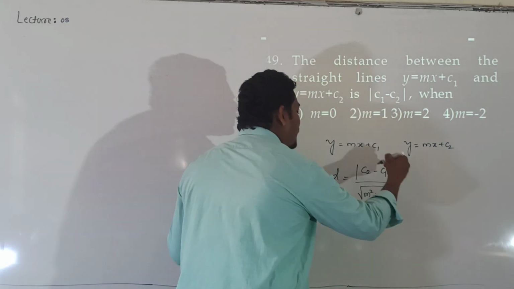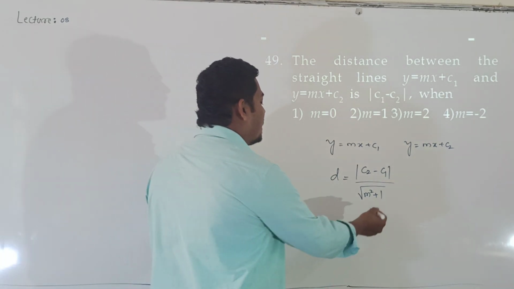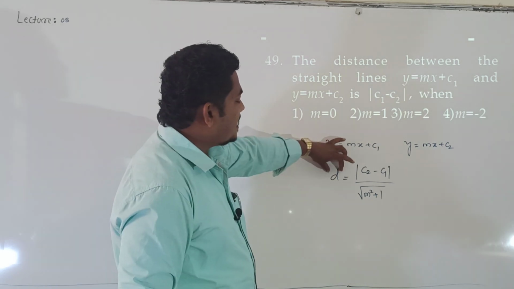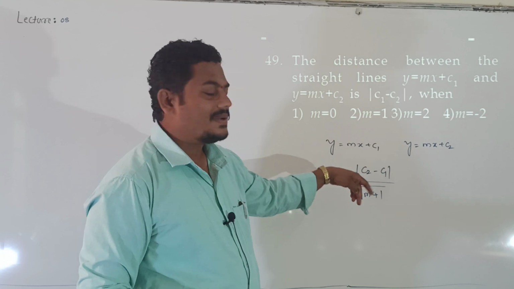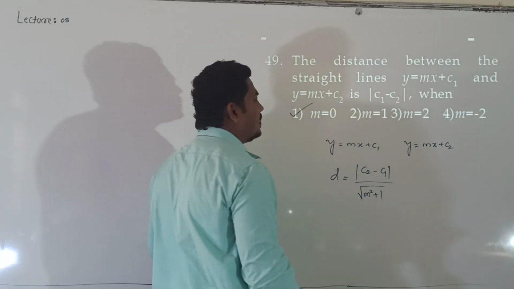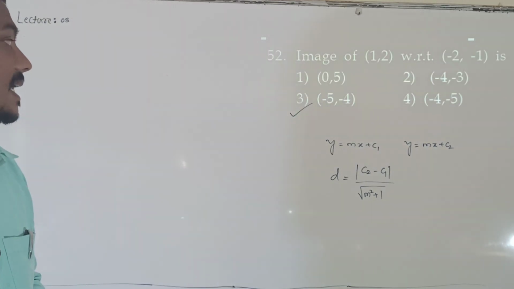This formula becomes modulus of c1 minus c2 or c2 minus c1 only when m equal to 0. Hence, the first option is the correct answer, right? Next question.